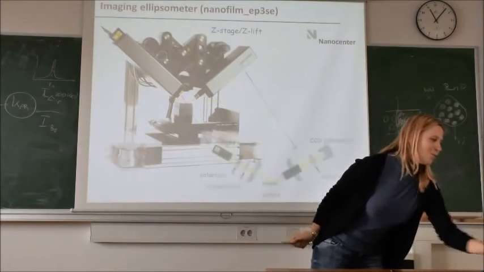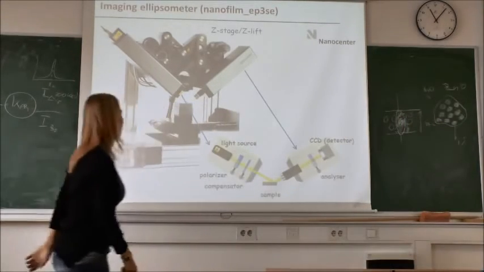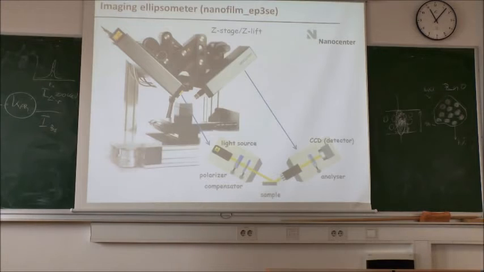It also consists of two ellipsometric arms. Inside of these arms there is a light source and a set of sensitive optical elements such as polarizer, compensator, and analyzer. There is also an objective and CCD camera.